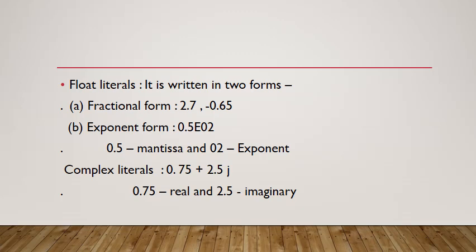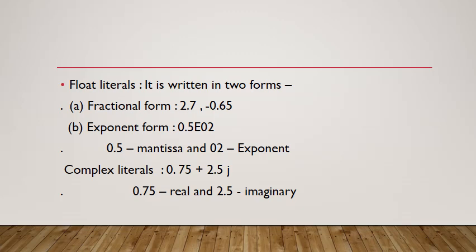There are two parts, 0.5 and 02, the value before E and the value after E, and these are called mantissa and exponent. It can be written like 0.5 times 10 to the power 2. So in exponent form we can write this value, and 0.5 here is the mantissa, and 02 is here the exponent.